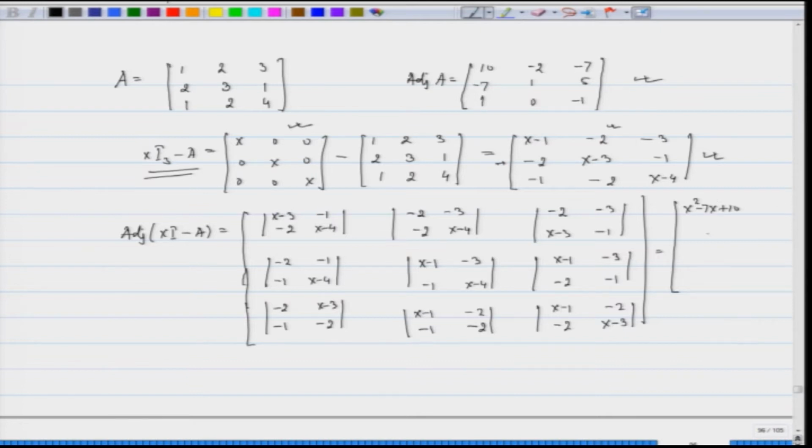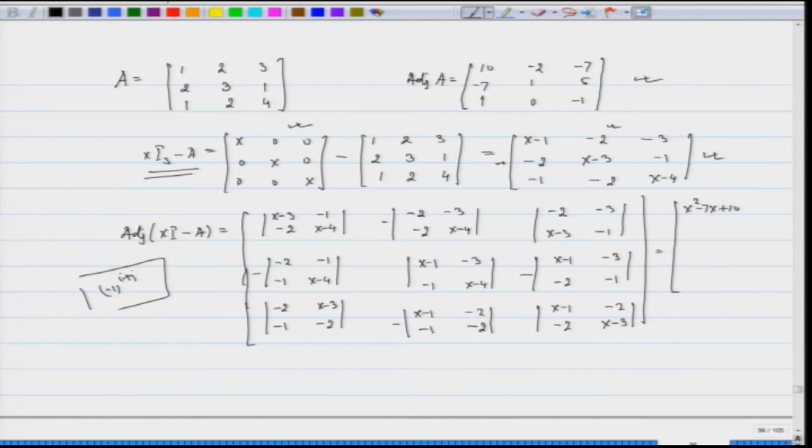What is this entry? This entry is minus 2x. One thing I have forgotten: it is minus 1 to the power i plus j, so there will be a plus sign here, minus sign here, plus, minus, plus, minus, plus, minus, plus. That has to be taken care of. I did not take care of it, therefore I was getting wrong signs.